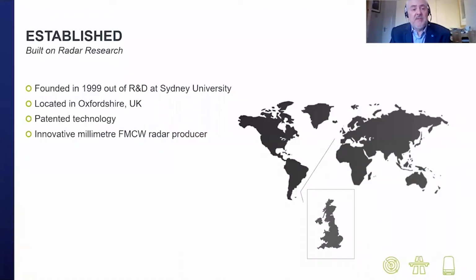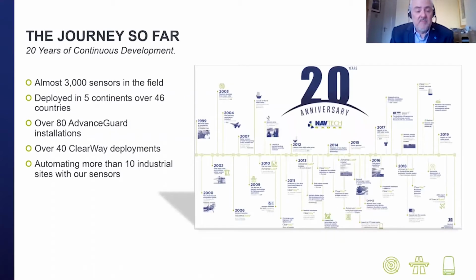Quick introduction to Navtech. We're a UK-based designer and manufacturer of high definition radar systems, based in Oxfordshire, and we've got almost 3,000 sensors now deployed globally. The company splits into three separate divisions.